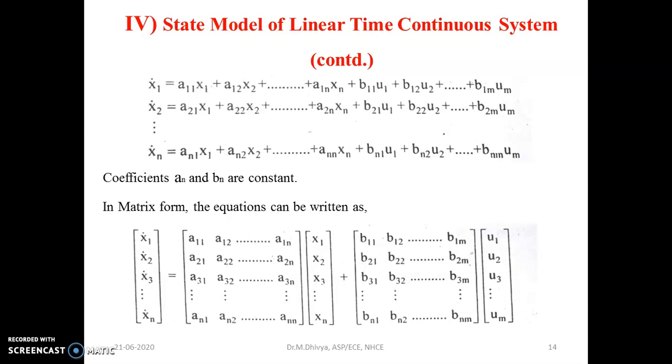It extends from a11 till ann and is multiplied with the state variables x1, x2 till xn plus the coefficients of the input are given by b11 till bnm and the input vector u1 till um.